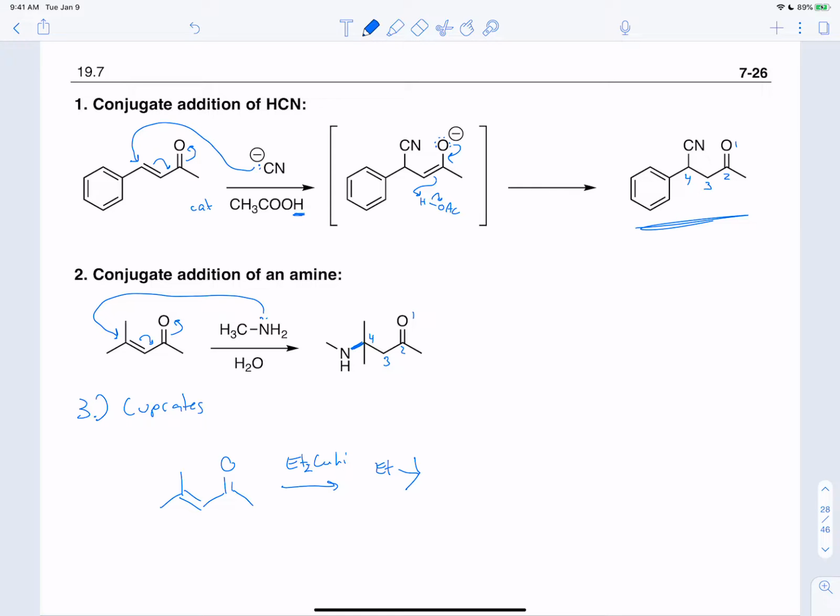Note that we made this new bond in the 1,4 position. And then whenever you add water to work this up, we're going to make a new carbonyl containing compound, where once again, the ethyl is attached to carbon number 4.